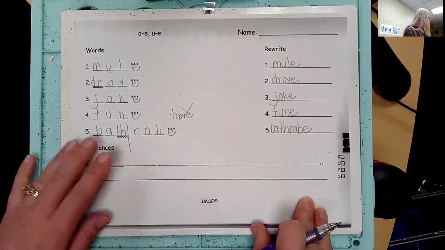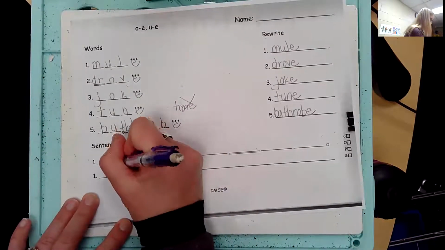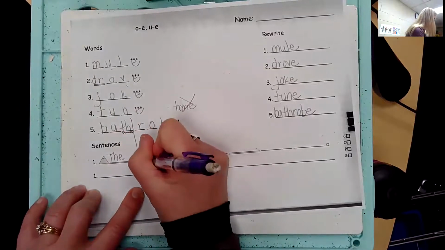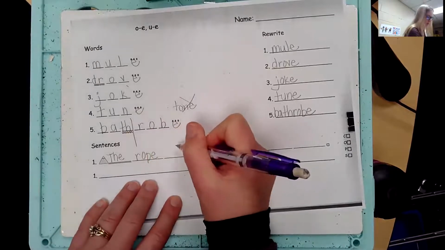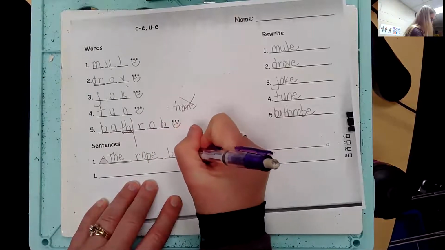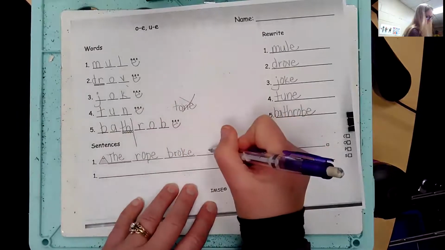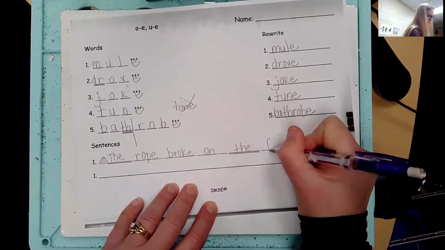Excellent. The sentence would look like this. The rope broke on the flagpole.